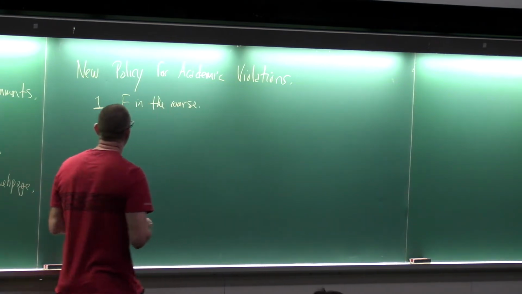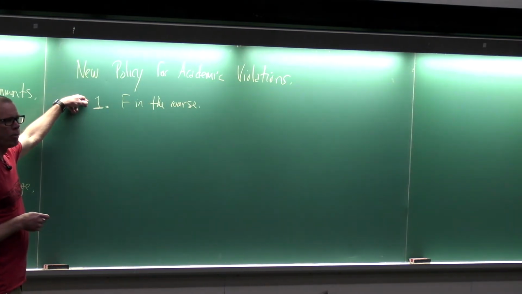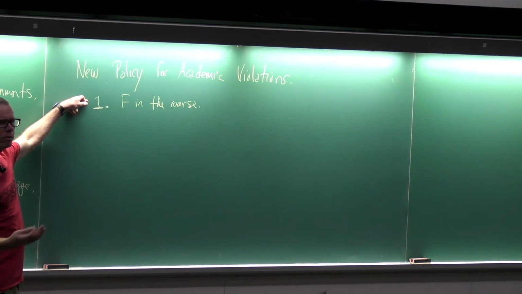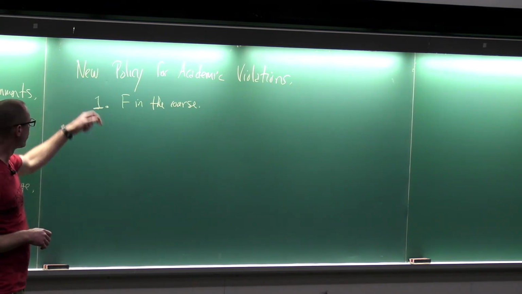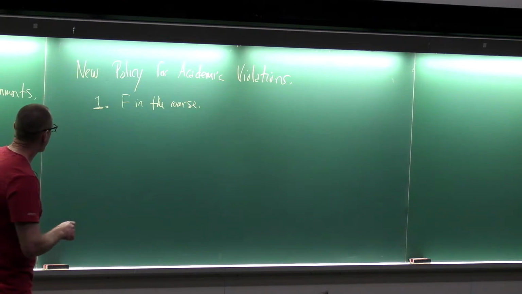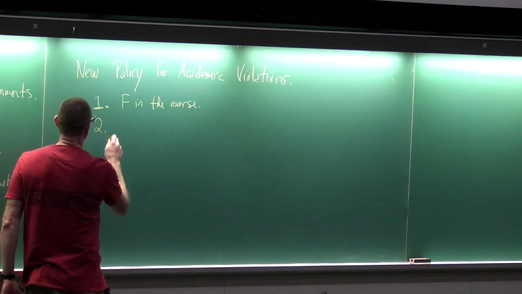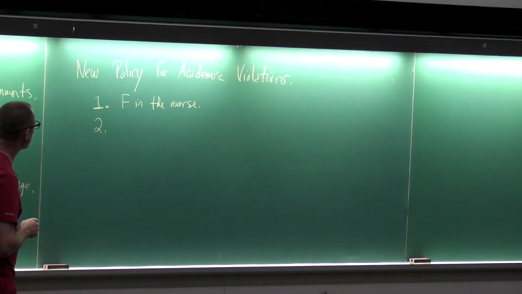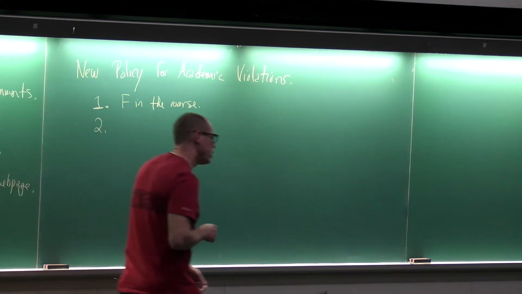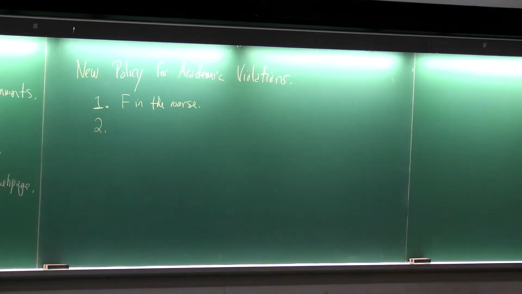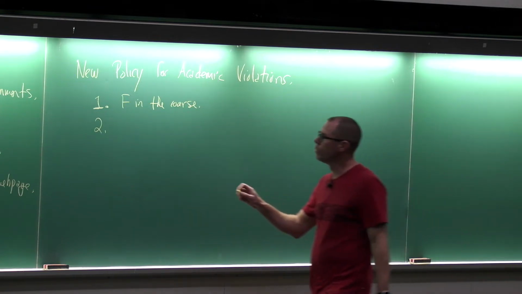Okay. So that's as far as I go, because when you receive an F in the course, then you basically don't bother coming or doing work anymore. But if this happens again in another course, then you receive a 1-year suspension from the program.